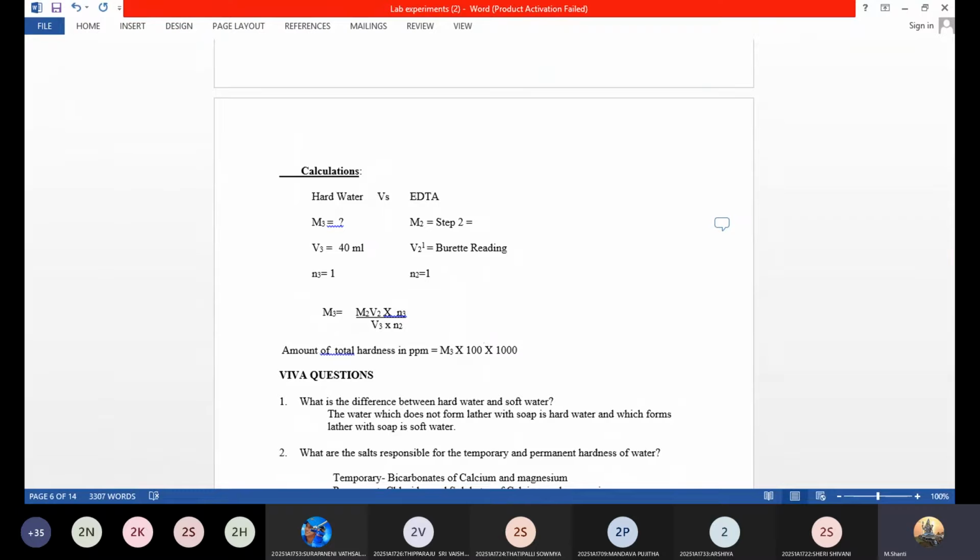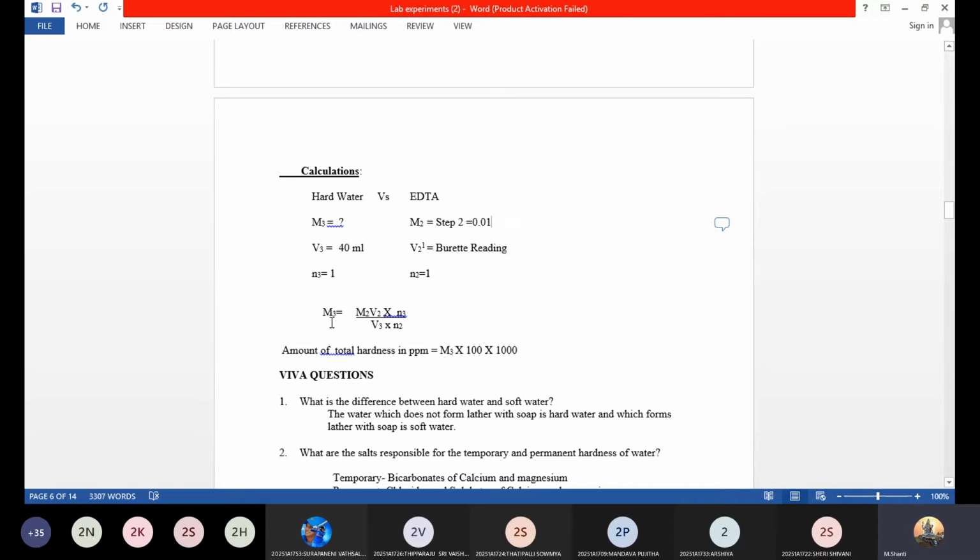Now, what is V2 prime? The burette reading. Suppose the initial value is 0 and the final value is 25. So what is the burette reading then? 25, very good. So that value you are going to substitute here.